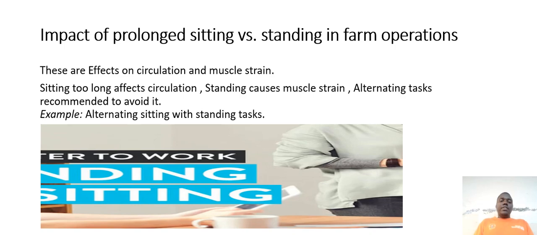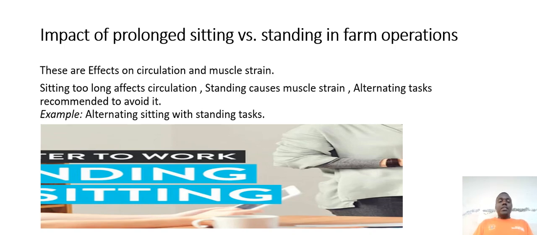These are effects on circulation and muscle strain. Sitting too long affects circulation. Standing causes muscle strain. Alternating tasks is recommended to avoid that problem. Example, alternating sitting with standing tasks.